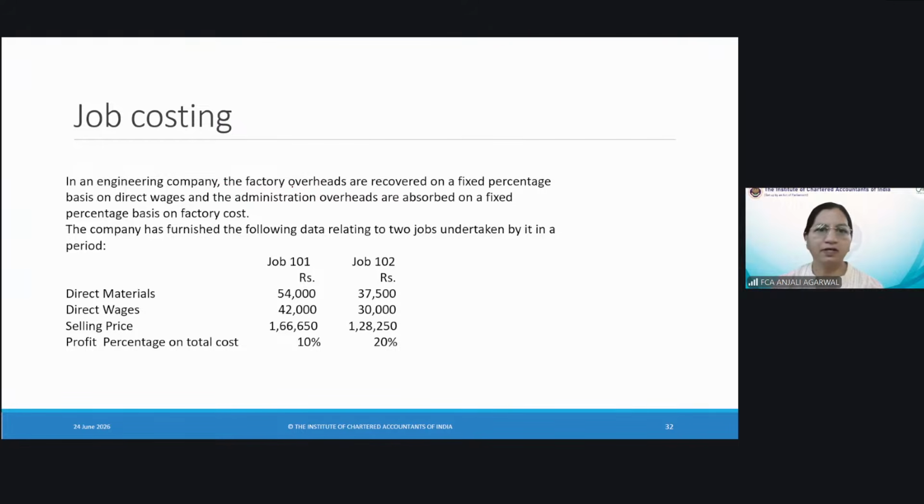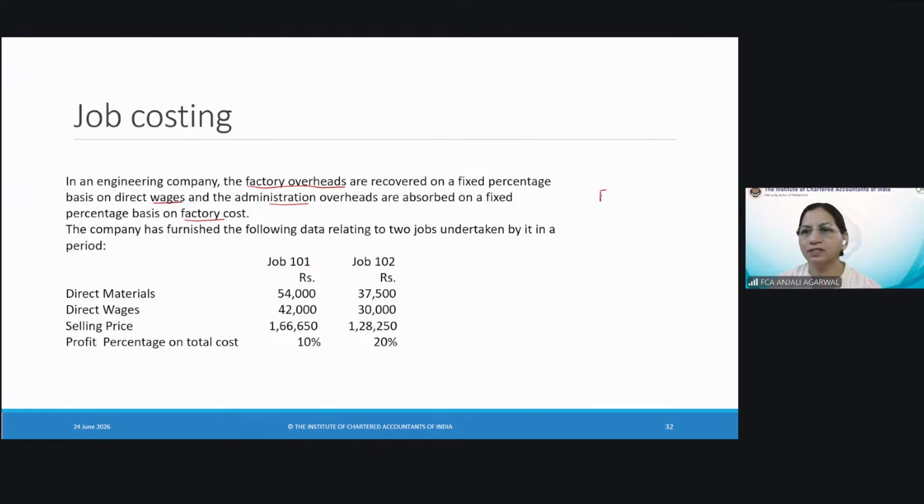In an engineering company, the factory overheads are recovered on a fixed percentage basis on direct wages. So it's saying that you have to recover the factory overheads on the basis of wages, whereas administration overheads are absorbed on a fixed percentage of factory cost.